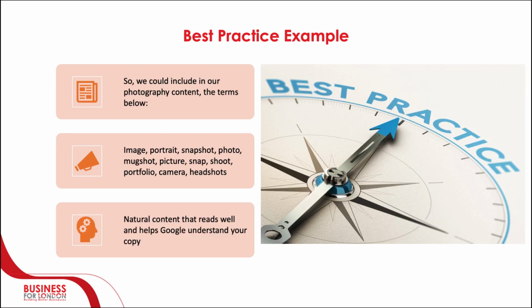So we could use terms such as image, portrait, snapshot, photo, mugshot, picture, snap, shoot, portfolio, camera and headshots. All these words together suggest that we are talking about photography or photographs. It allows you to write natural content that reads well. It helps Google to understand what you're writing about, and therefore it helps Google to match your website with relevant searches.